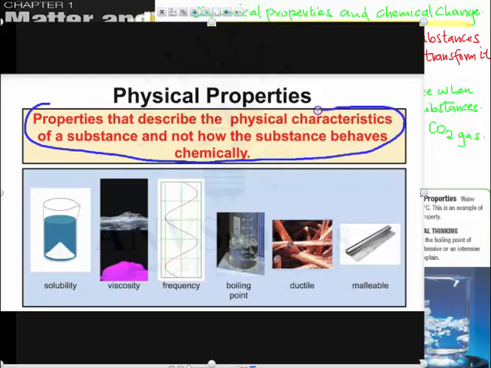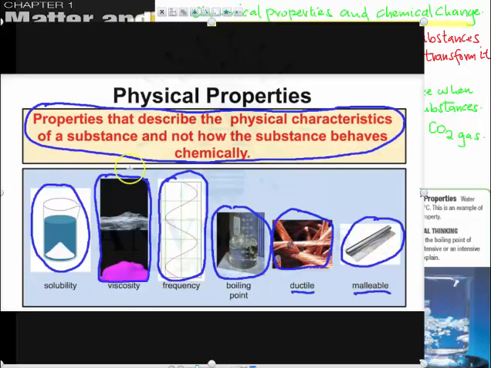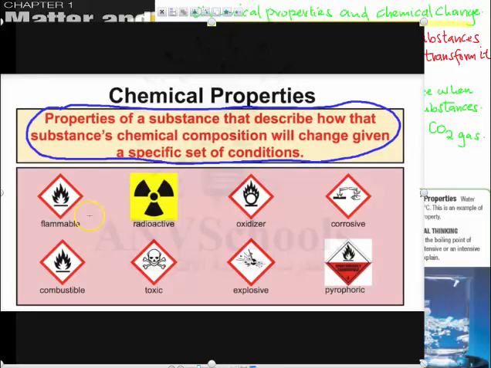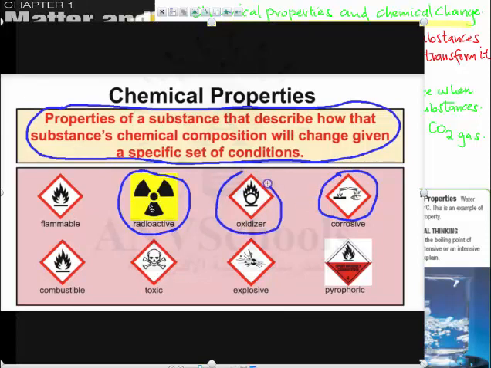So we already looked at physical properties. Now let's go ahead and look at chemical properties. Properties of a substance that describe how that substance's chemical composition will change given a specific set of conditions are called chemical properties. Like if something is flammable, it means it can burn and change its property. Radioactive materials can react with other compounds to change their properties.